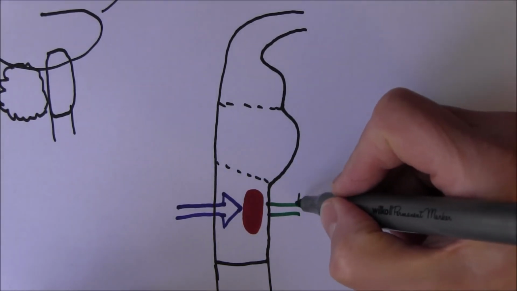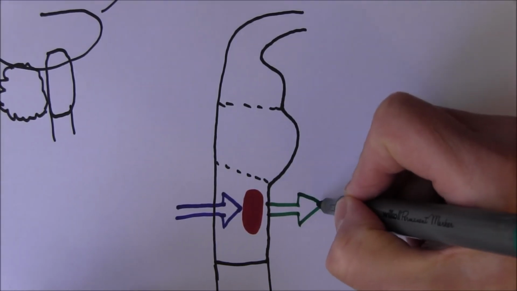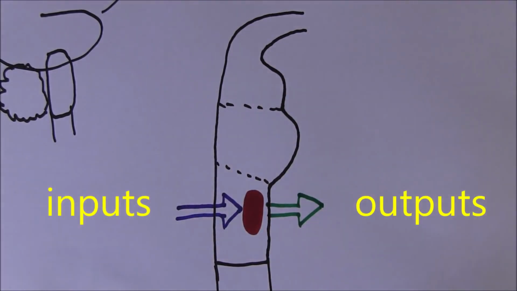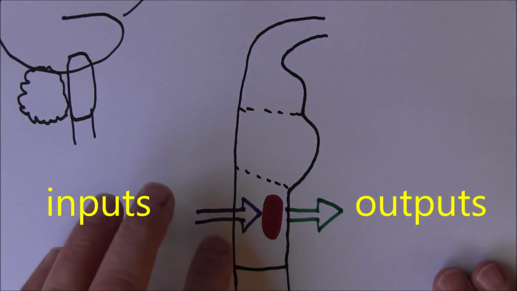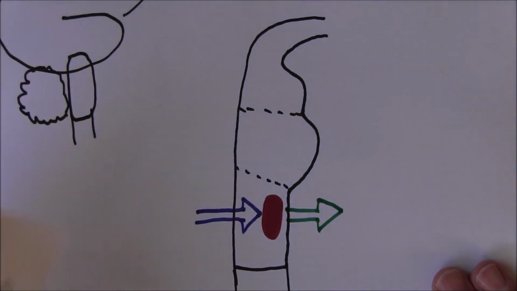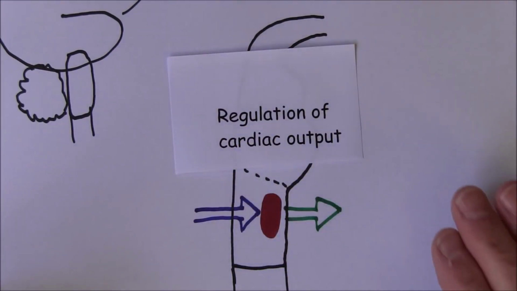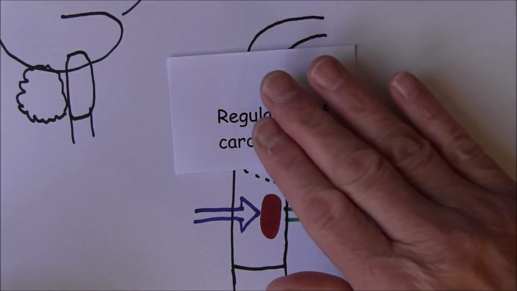So it has inputs and it has outputs. So let's think first of all about the inputs. What is putting information into the cardiac centre in order to accurately regulate cardiac output?